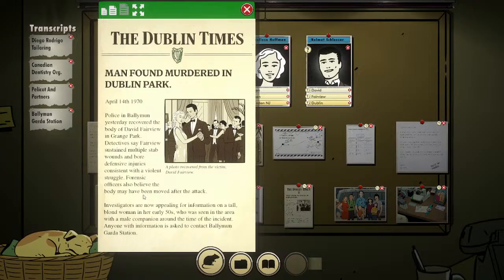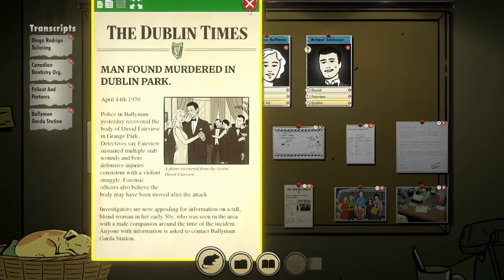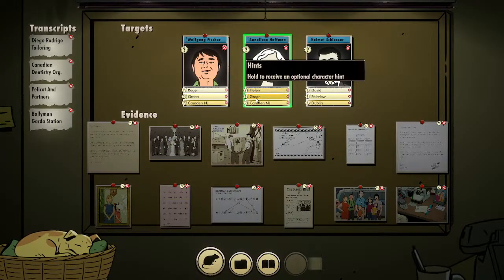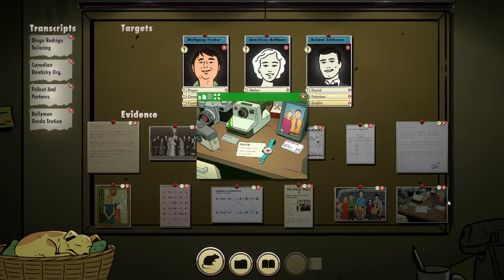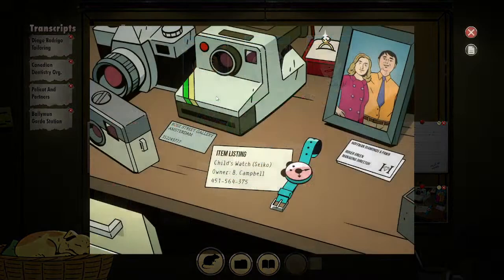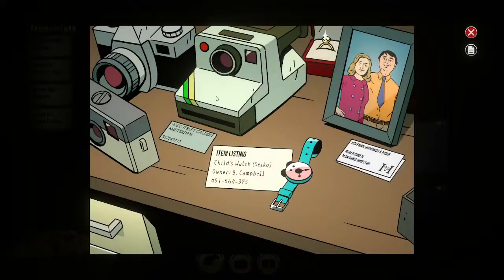Tall blonde woman in her early 50s was seen with a male in the incident. And someone was calling from New Jersey. Maybe Camden is wrong. Is Camden not right? Is that not where the office is? Maybe that's what I'm getting thrown off by.